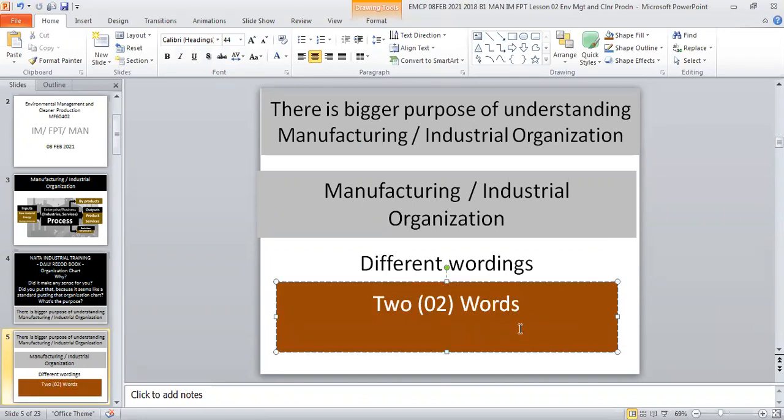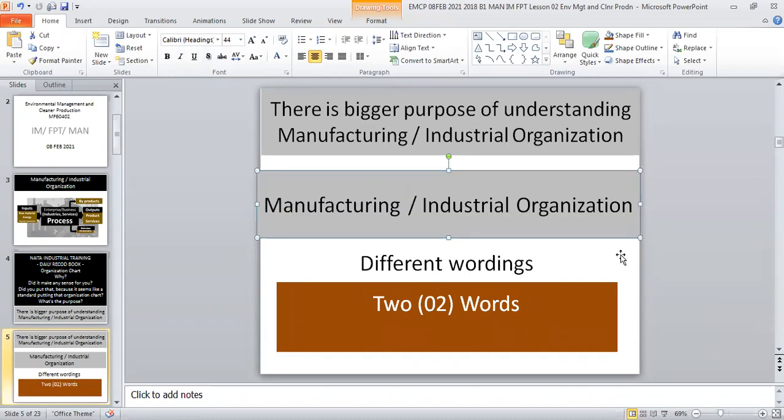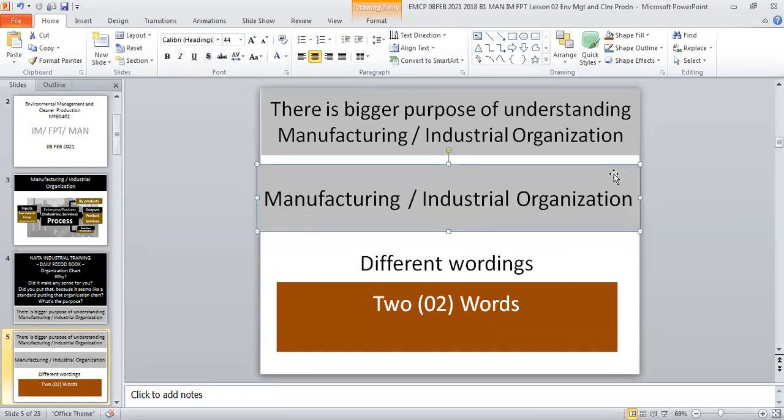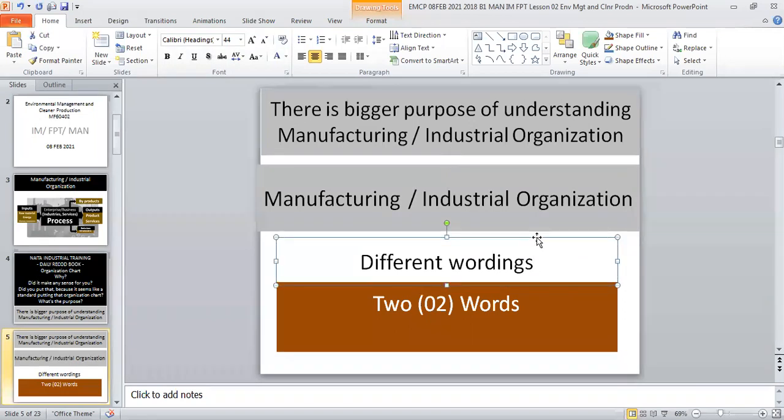You should know better than me, because I'm from manufacturing. Of course, I know about manufacturing organizations, but as managers of industries, you should know this.